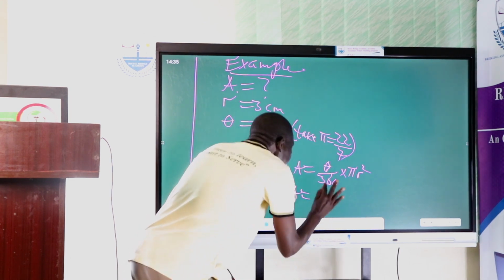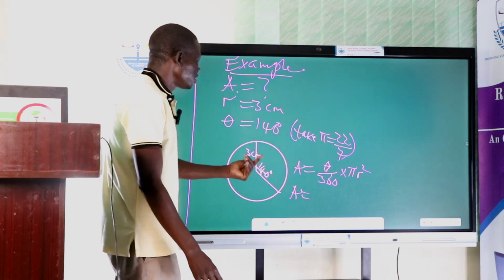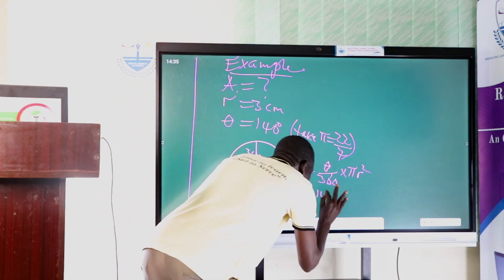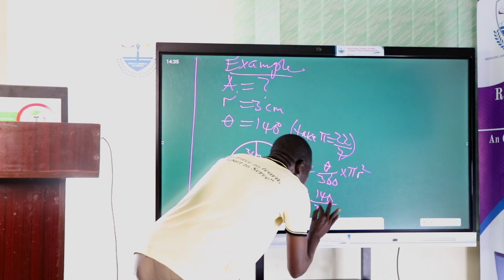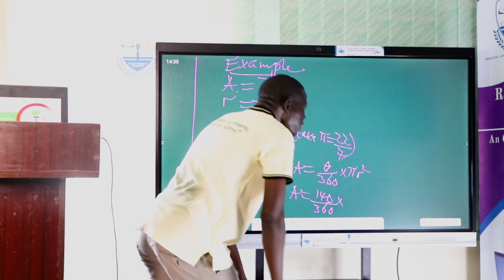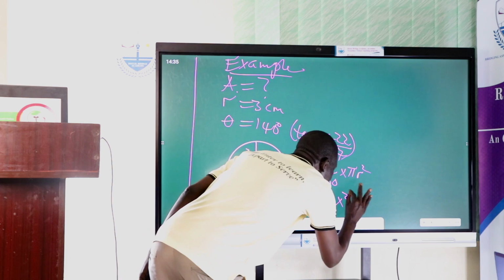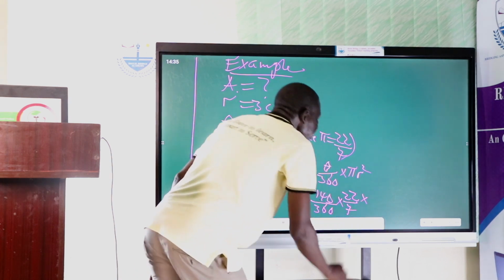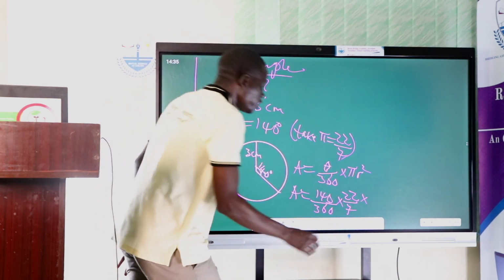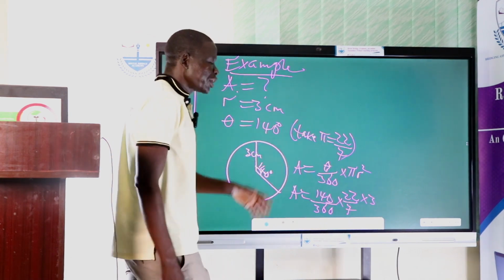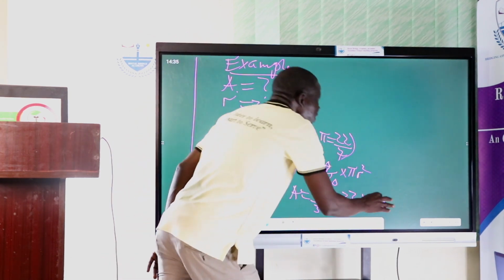So that area is equal to our theta, which is 140 over 360, times pi, which is 22 over 7, times the radius. The radius is 3, but the radius is squared. That means I multiply 3 by itself.